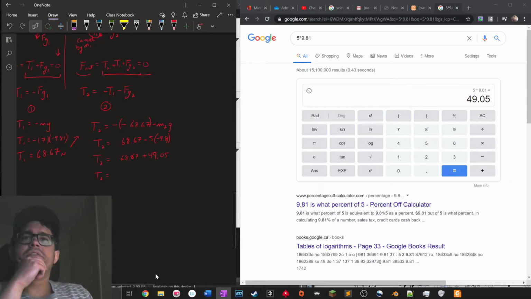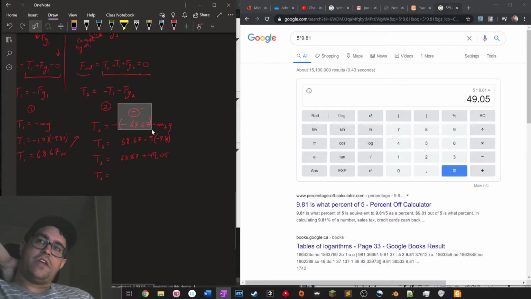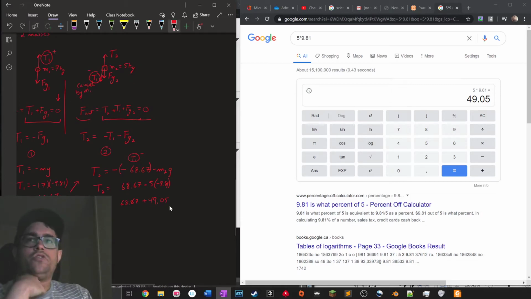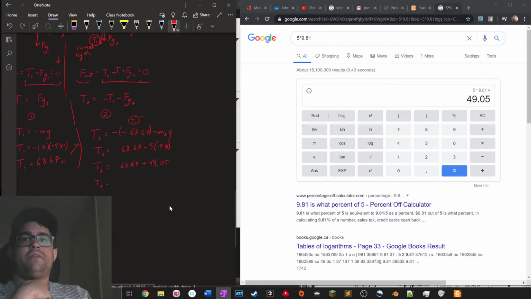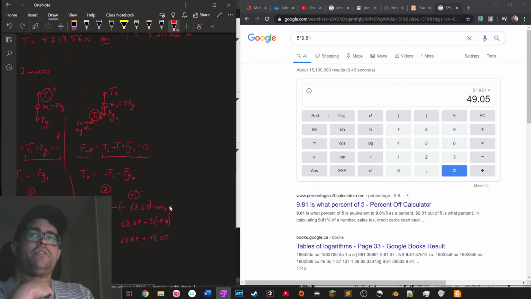Right? This is T1, which is a negative force. So the formula says negative T1, which is true, and then the T1 itself is a negative force in this diagram. In fact, what we should be doing is respecting the fact that these might be the same problem, but they're two different situations, two different systems.